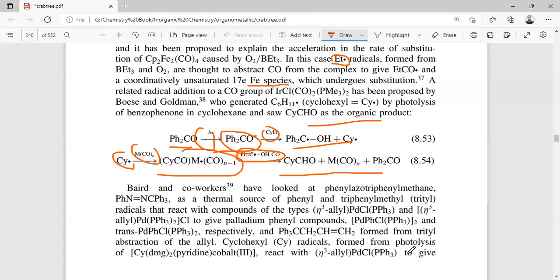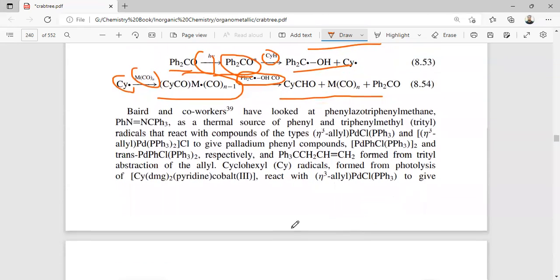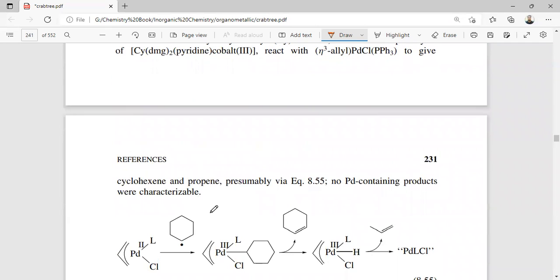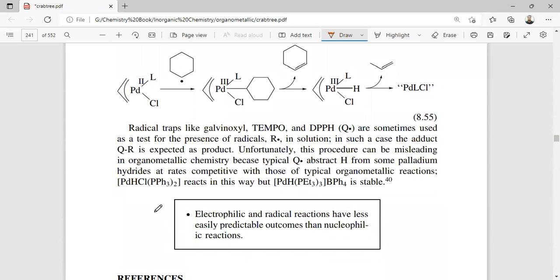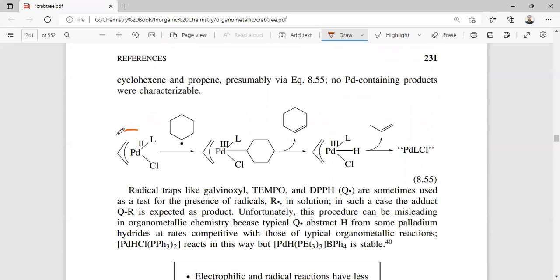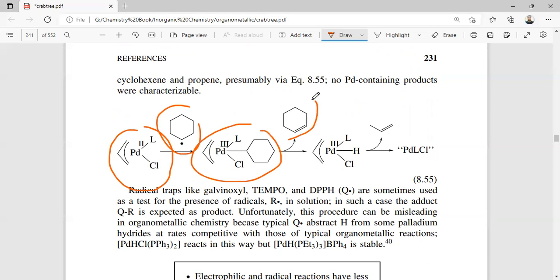The cyclohexyl radical from the photolysis reacts with the eta-3-allyl PdCl to give cyclohexane and propene. Presumably, no palladium containing products are characterizable. So here this allyl palladium complex combines with this radical to form this intermediate. Then the beta hydride elimination eliminates this alkene moiety to form this metal hydride species.